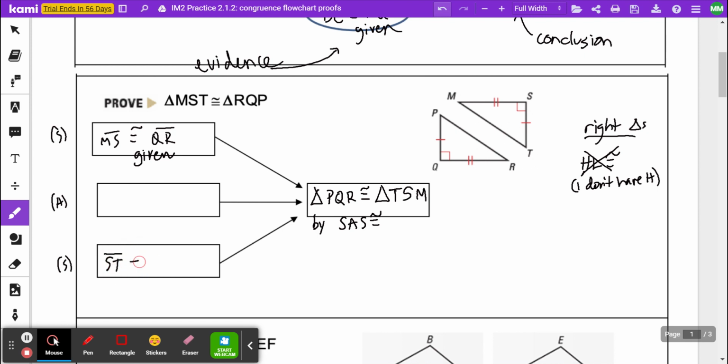ST is congruent to side PQ. That's also given. And angle S is congruent to angle Q, and that's also given. All done.